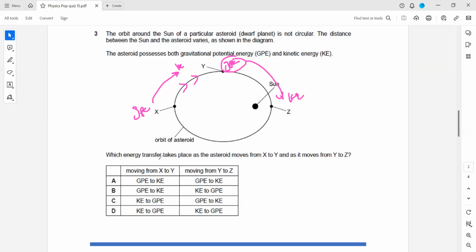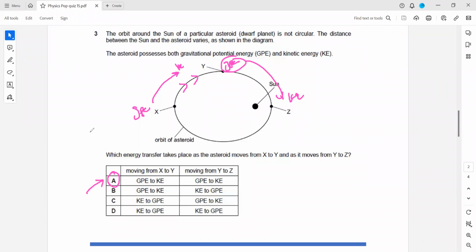So what is the energy change? Because the height is decreasing and the speed is increasing, gravitational potential energy changes to kinetic energy moving from X to Y, and then again from Y to Z, because at Y it is far from the Sun as compared to Z, which is closer. So again the gravitational potential energy decreases and the kinetic energy increases. That's why option A is the right answer.